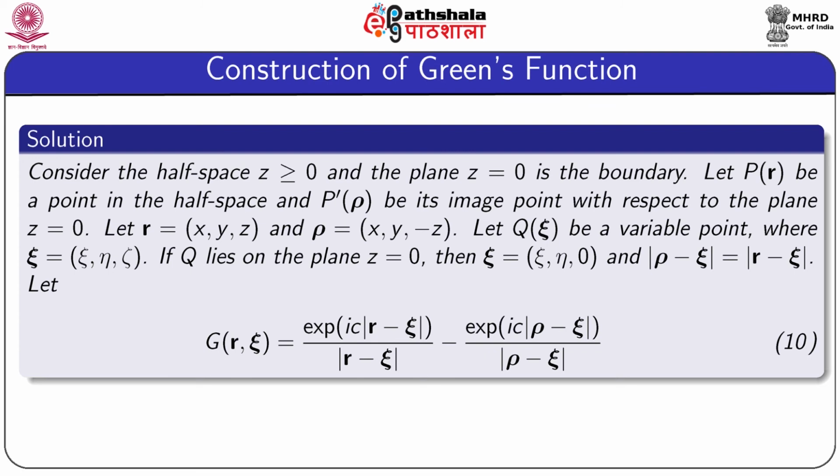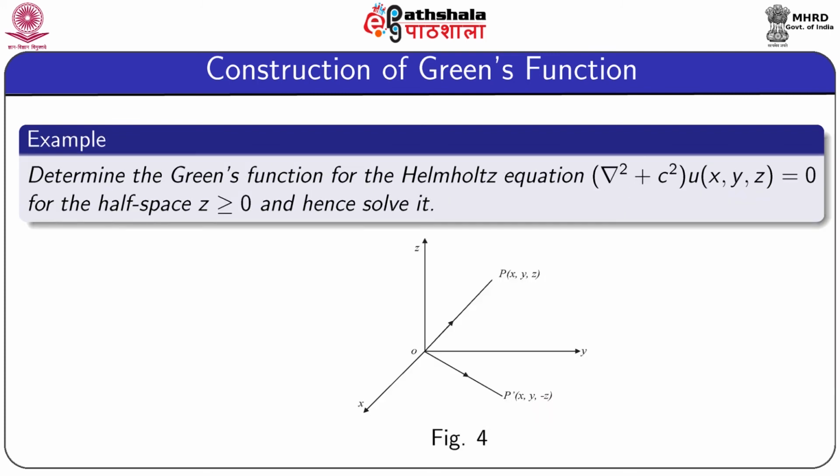For that, here we are assuming P is a particular point in the half space and P dash is the image. So, this is our region where we want to find the Green's function, z greater than or equal to 0. P is a particular point in this space and P dash is the image of P with respect to the plane z equals 0.